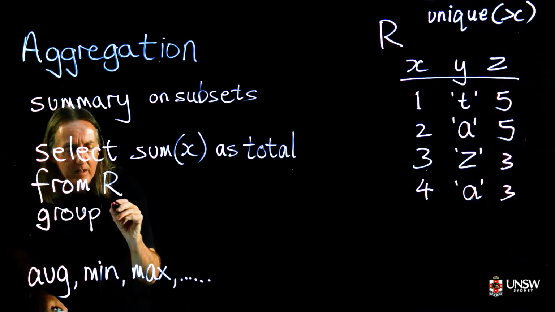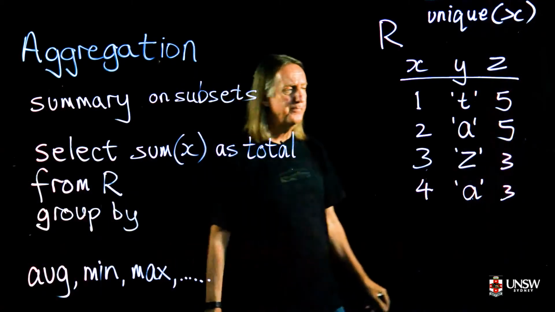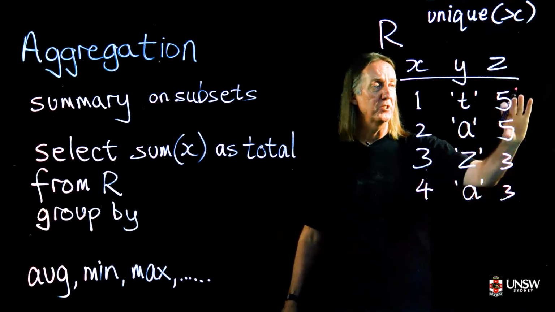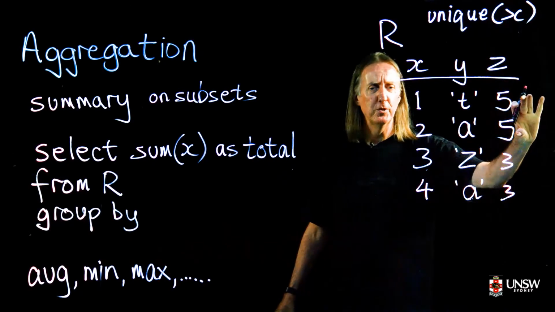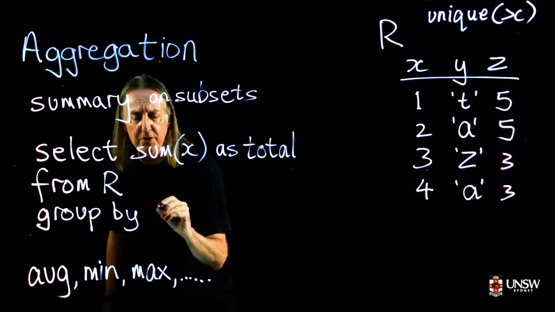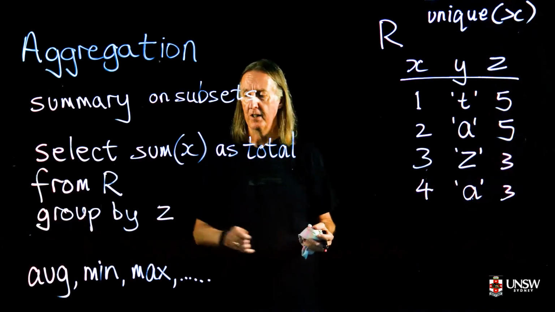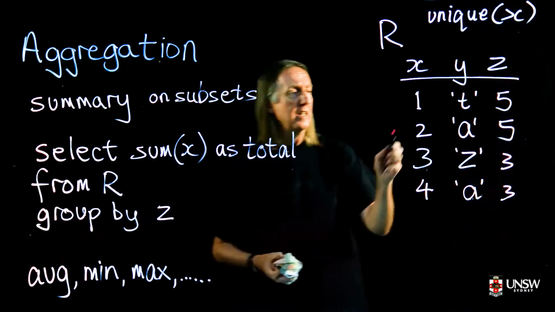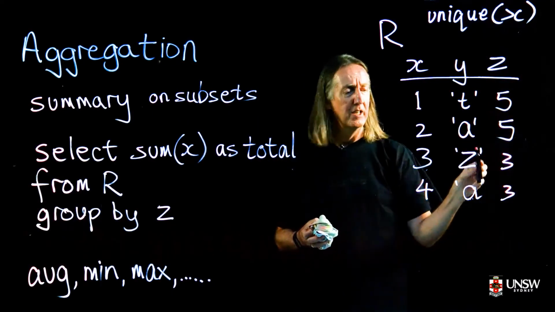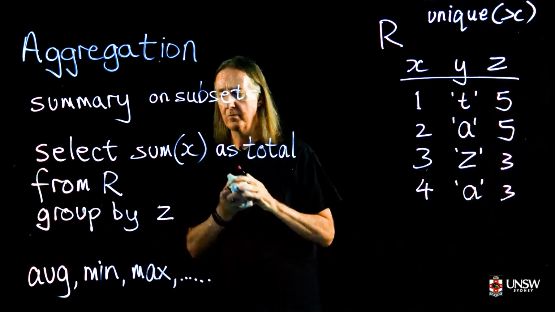So, group by. All right, so the only way we can get interesting groups here is to group by the Z column, because you can see there are two tuples that will fall into one group because they have the value 5, and there are two tuples that have the value 3. So if I do group by Z, I'm going to first of all deal with this group here, the first two tuples, and then I'm going to deal with the second group, which are those bottom two tuples.